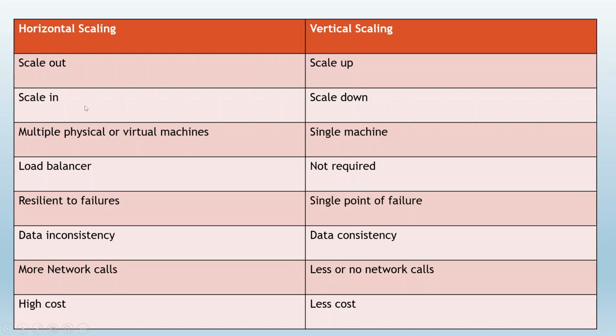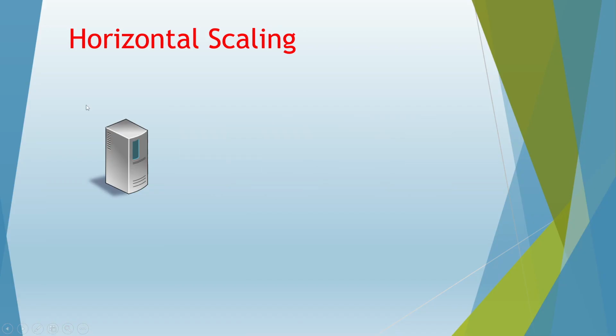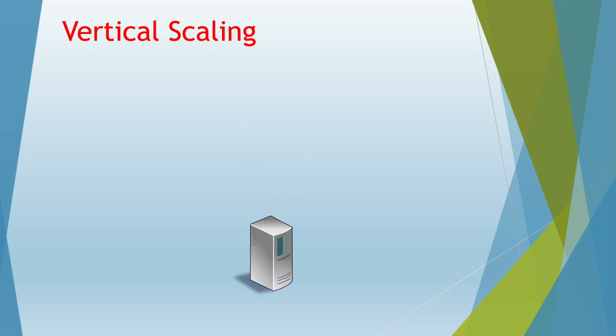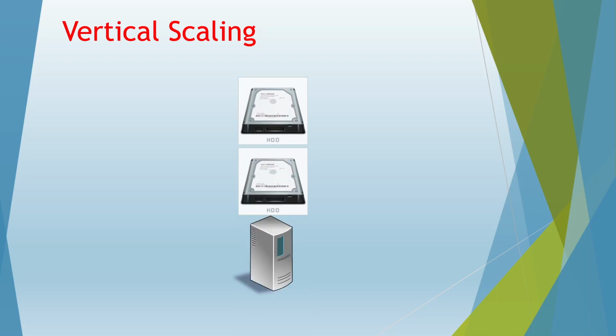But in the case of vertical scaling, what we have done is increased the resources on a single system vertically, right? So scale up is happening here, because we are adding more and more capacity to the existing machine itself. That is scale up, we are going up.